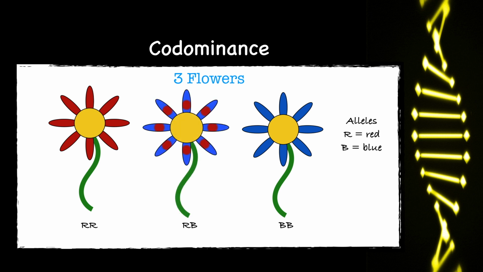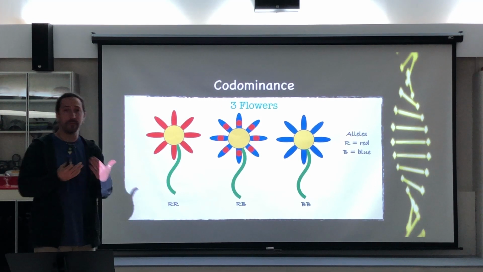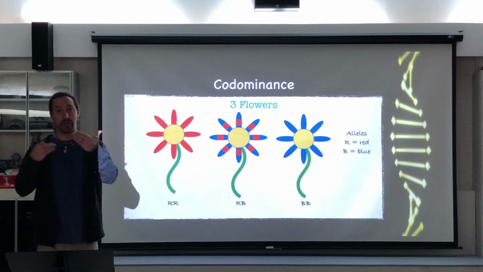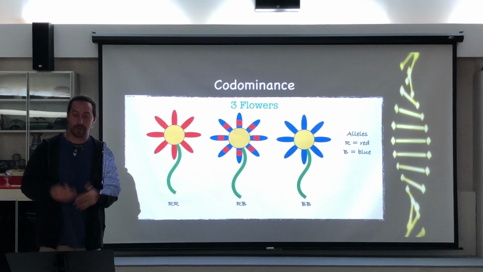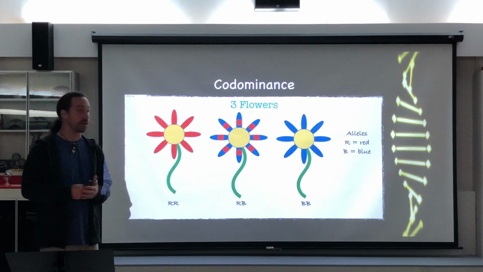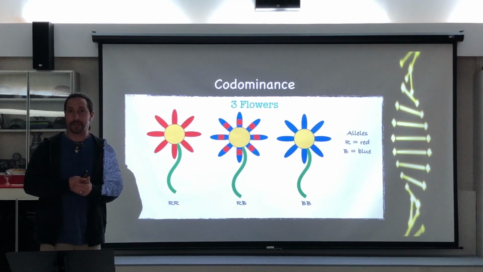In this case, the petals are blue with a red stripe or a red dot in it. It could have been that every other petal showed up as one color or the other. There are different ways this could have shown up, but in this case, it looks like there's a little circle of red going around the petals.